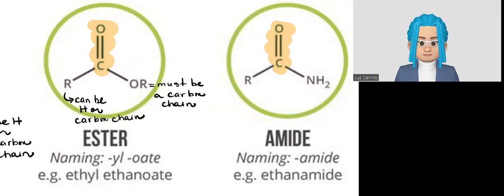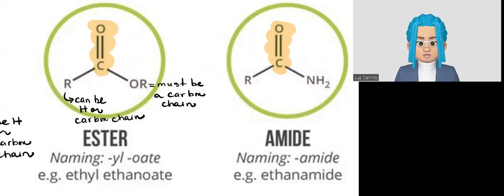Lastly, amides are going to be the last member of the carbonyl family. In an amide, we're going to see a carbonyl group bonded on one side to a nitrogen atom. In this case, we have that nitrogen atom bonded to two hydrogens, but that nitrogen could be bonded to carbon chains. As long as we have a C double bond O bonded to nitrogen, that is considered an amide.